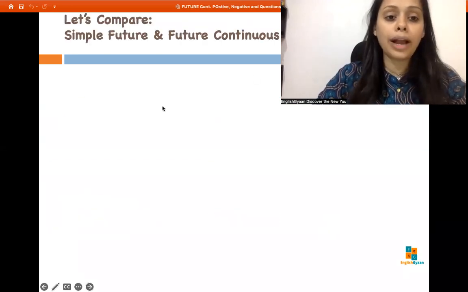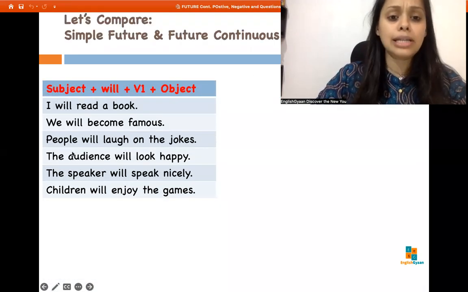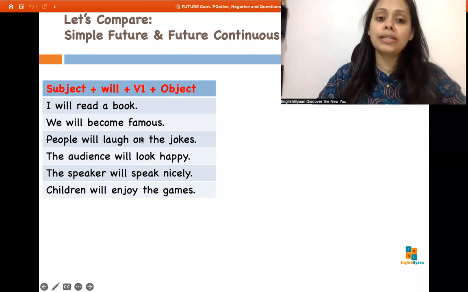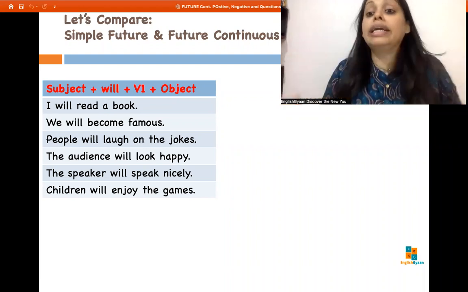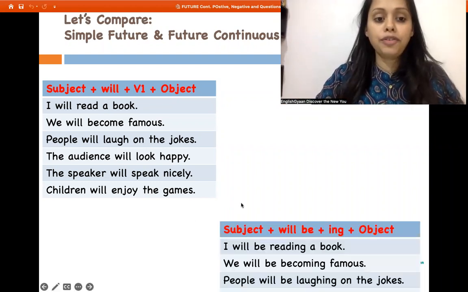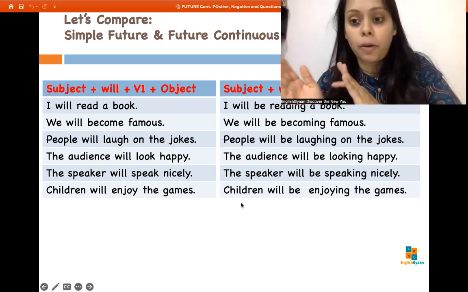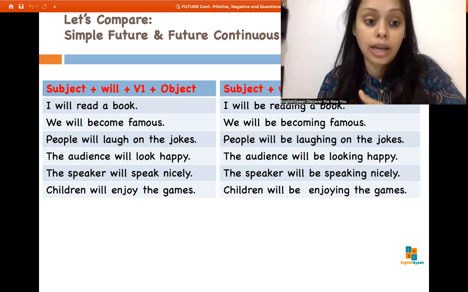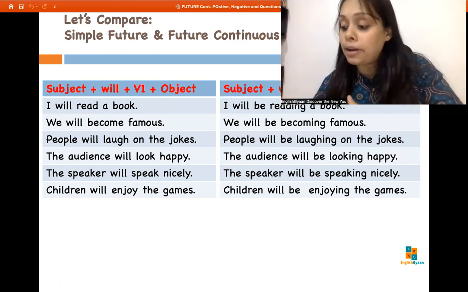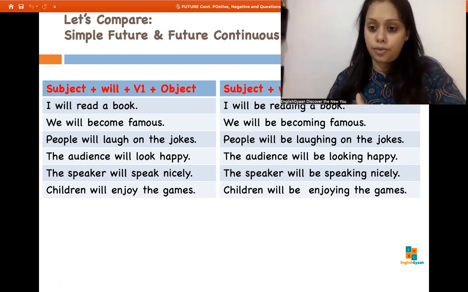So now we are going to compare. Let's compare simple future and future continuous. The simple future is मैं ये करूंगी. I will read a book. मैं किताब पढ़ूंगी. And future continuous is I will be reading a book. मैं ये टाइम पे किताब पढ़ रही होगी. We will become famous. हम famous बनेंगे. We will be becoming famous. हम famous बन रहे होंगे.